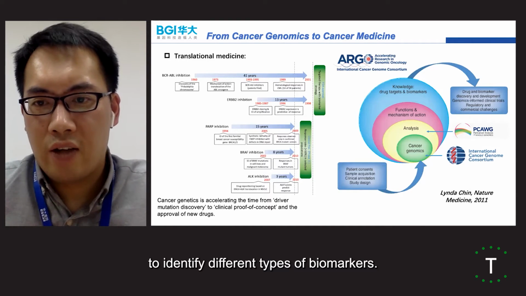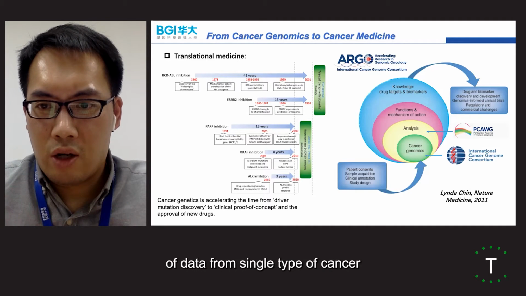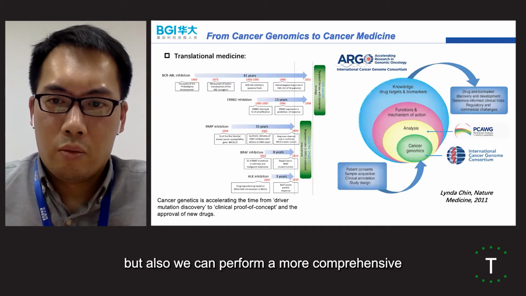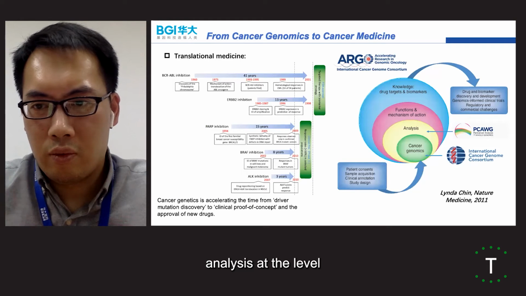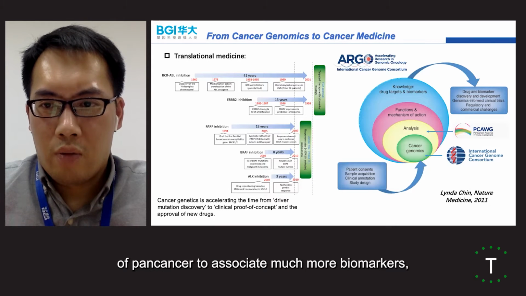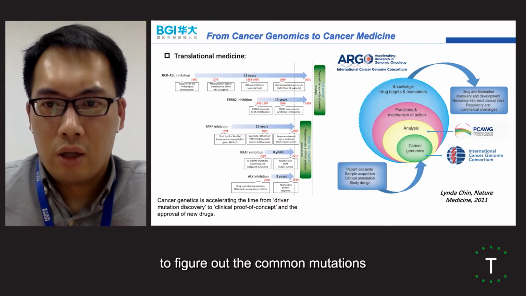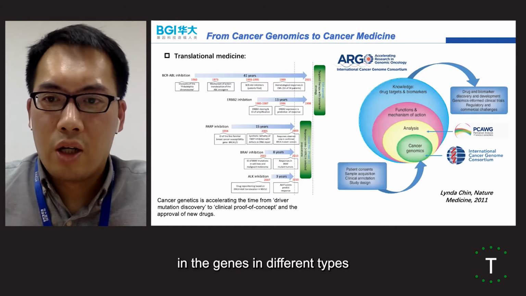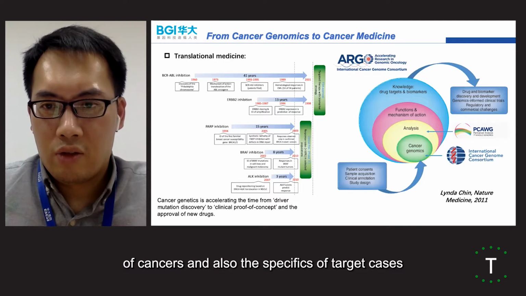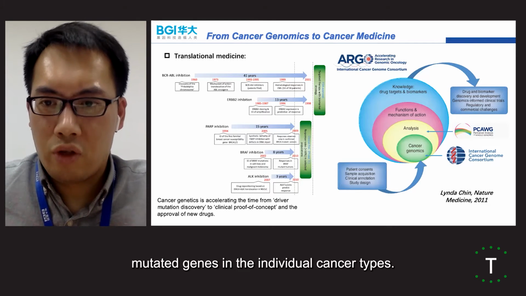I think from cancer genomics to cancer medicine is the process that we first understand the cancer genomics to identify different kinds of biomarkers, and also not only analyze these data from a single type of cancer, but also perform more comprehensive analysis at the level of pan-cancer to associate many more biomarkers to figure out the common mutations or driver genes in different kinds of cancers, and also the specific targeted mutated genes in the individual cancer types.